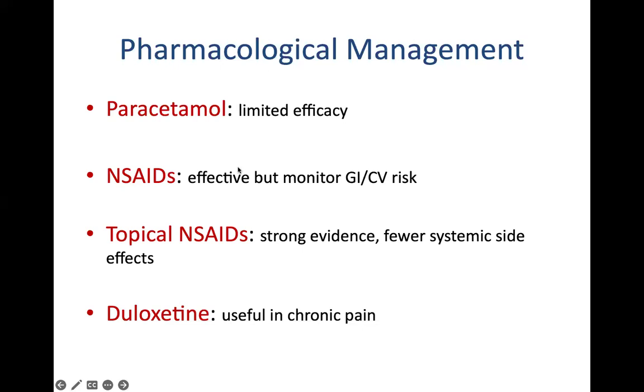So what we usually do is give a short period of non-steroidal with PRN paracetamol, but after that you cannot let the patient continue on such medications because of their side effects. So duloxetine is a good option also.